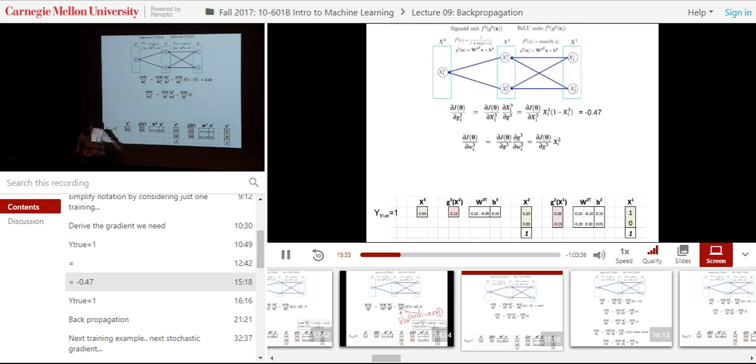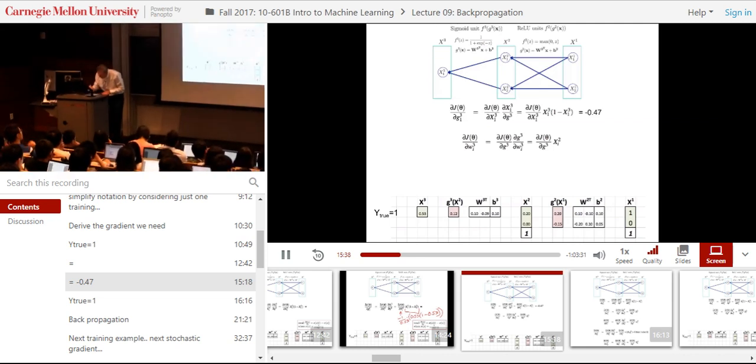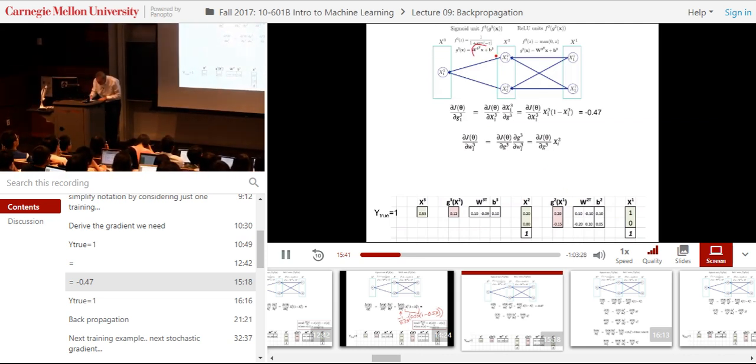Up there I wrote it in matrix form, but if I wrote it out in simple arithmetic form, it would look like W1 times X21 plus W2 times X22 plus B. I lost my indexing.